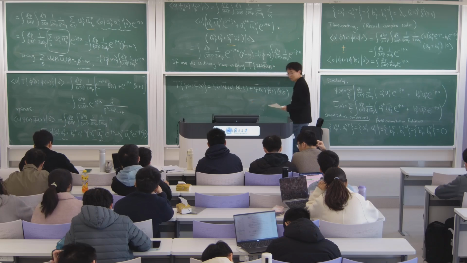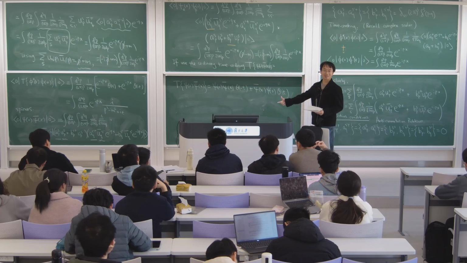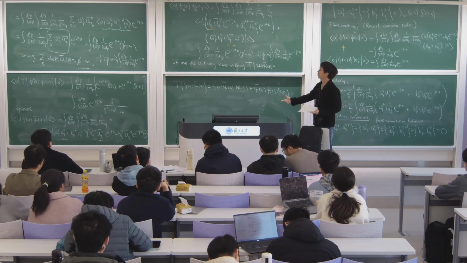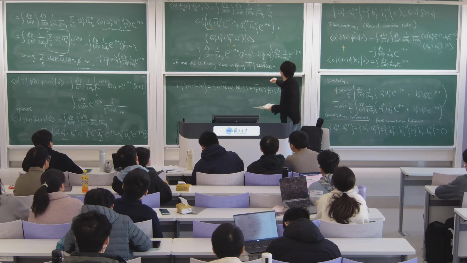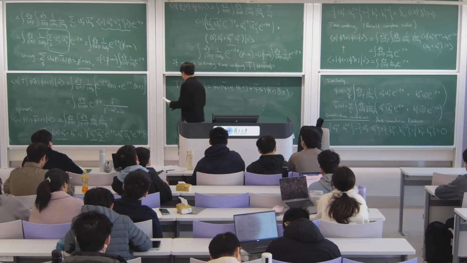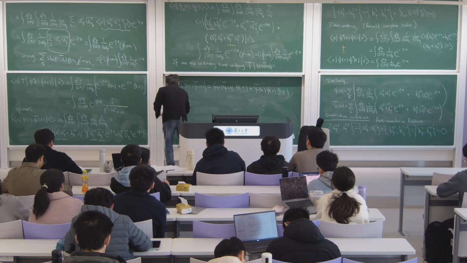Okay, if we do it this way, then you can try to calculate it, right? This is a definition. You can proceed. We get two pieces of this result. You can try to calculate it.